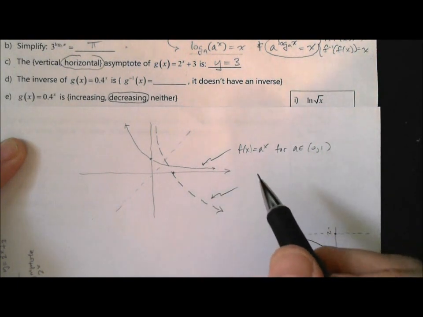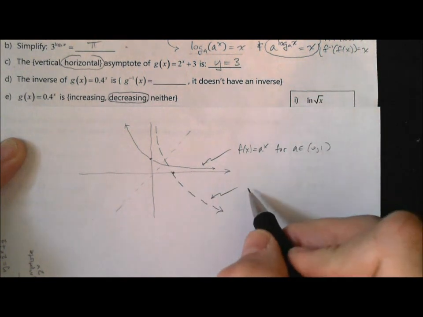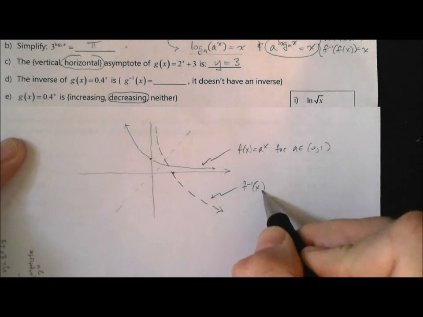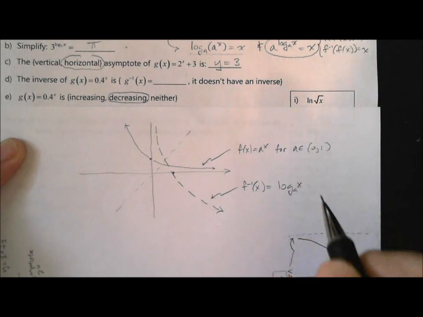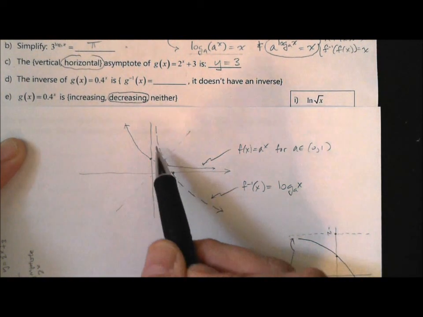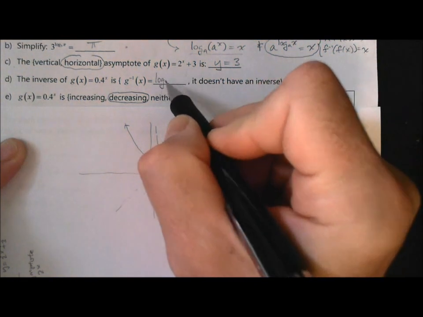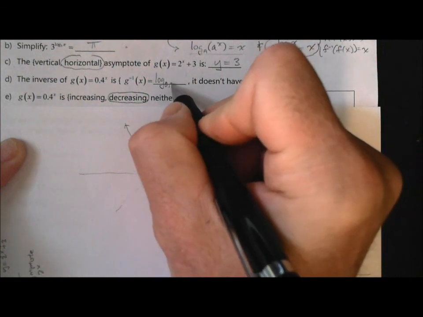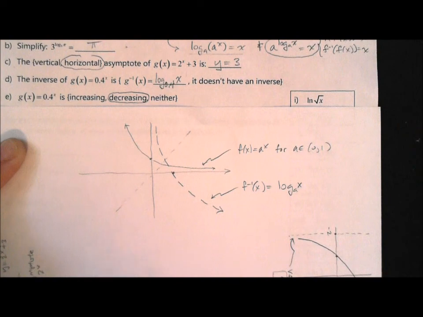They should actually cross at this point on y equals x, but in any case, f inverse of x will be the log base a of x. And you see this one is decreasing, a to the x is decreasing, and log base a of x is decreasing. Okay, and so this would be log base 0.4 of x. Okay.